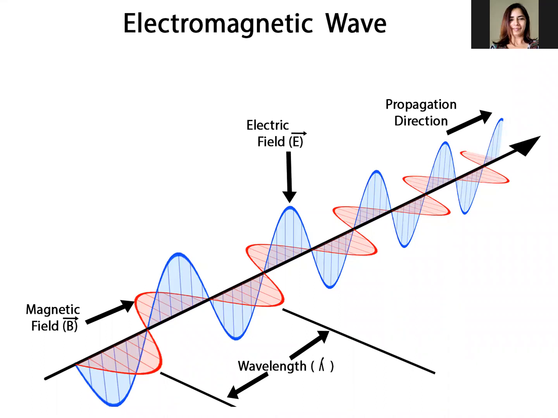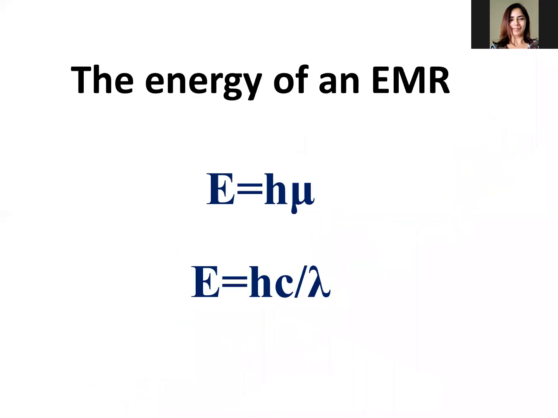Radiant energy has wave nature, as was already proposed. And according to wave theory, these radiations travel in the form of waves. The energy of these waves is equal to h nu. It's directly proportional to the frequency, or E is equal to hc upon lambda, inversely proportional to the wavelength.